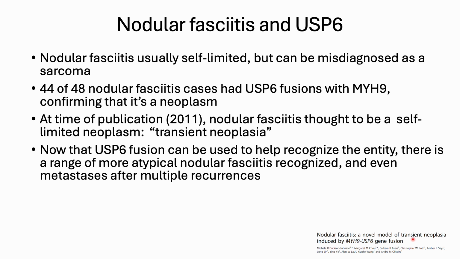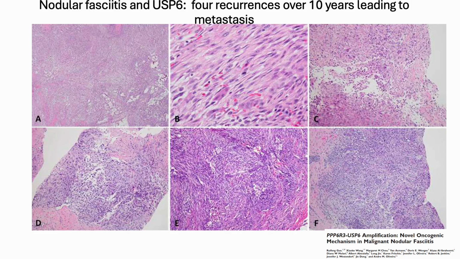You can see they use the words transient neoplasia because many of these tumours involuted by themselves. But now that the USP6 fusion is more widely available and can be used to help recognise the entity, there's a range of more atypical nodular fasciitis that's recognised, and even metastases after multiple recurrences.